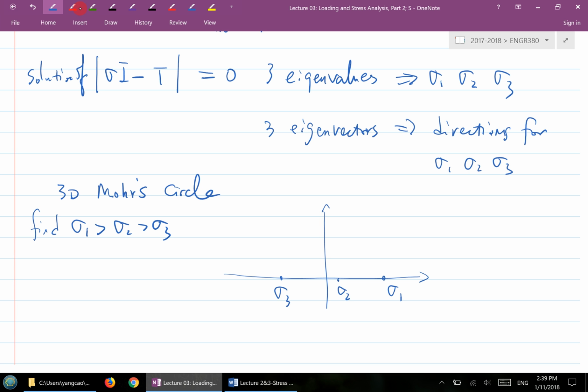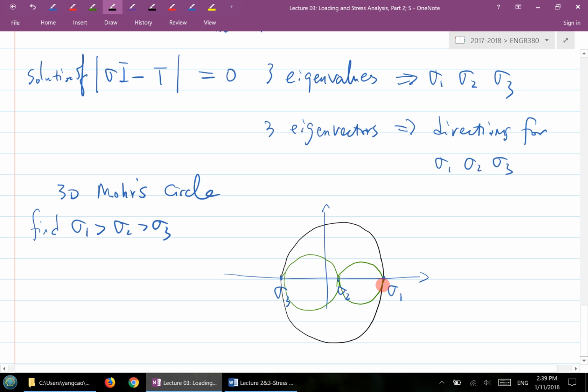Then you draw a circle between sigma 1 and sigma 2, another circle between sigma 2 and sigma 3, and last, a circle between sigma 1 and sigma 3. So three circles basically represent the Mohr's circles for the 3D element.